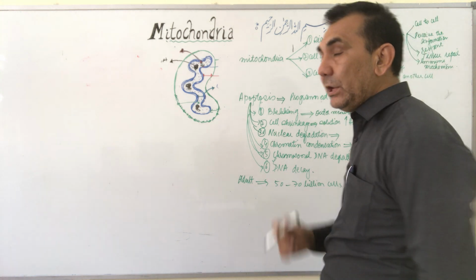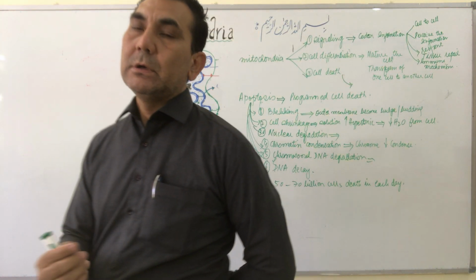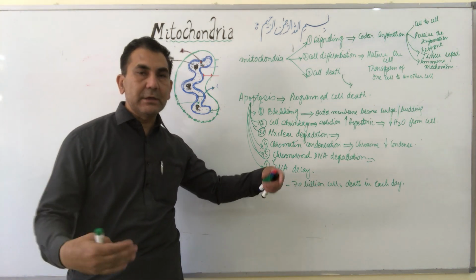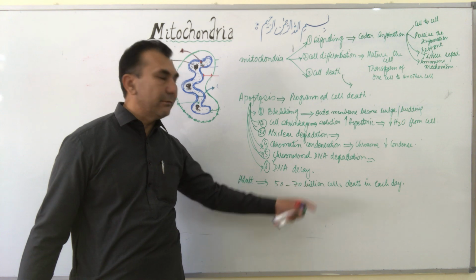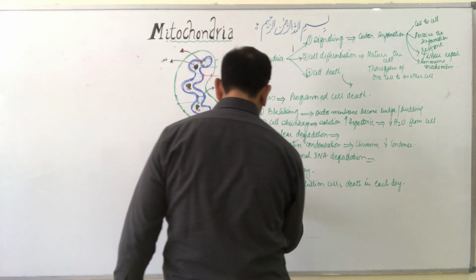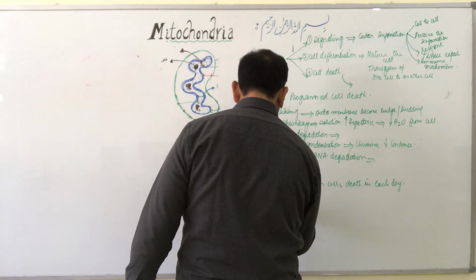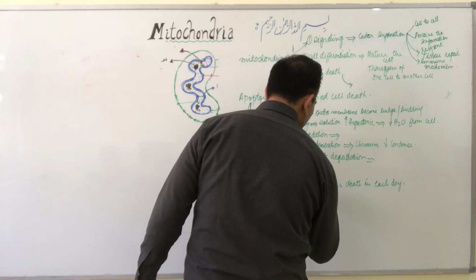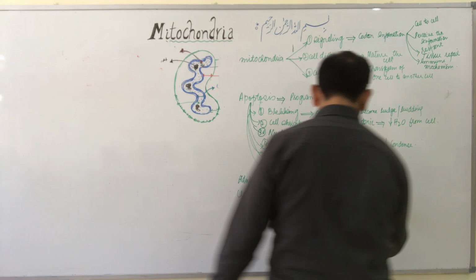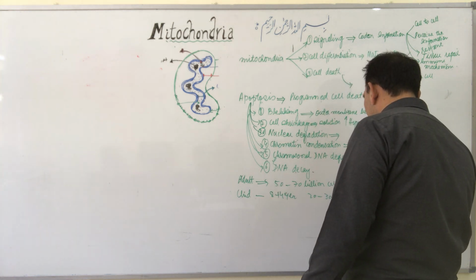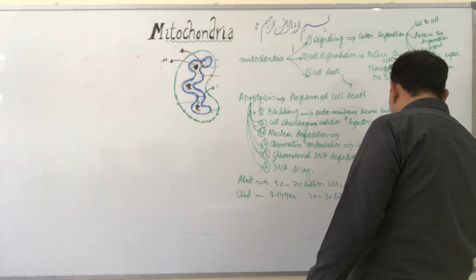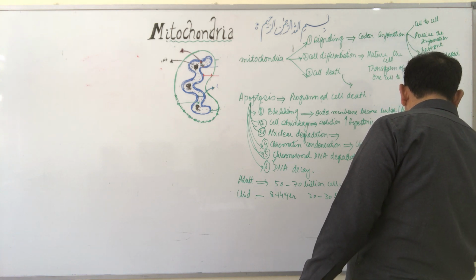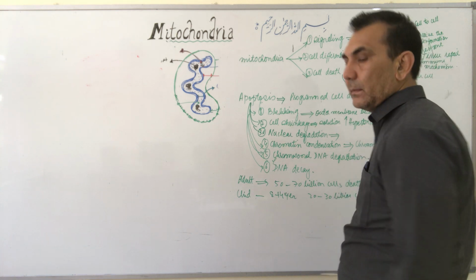In each day an adult man loses 50 to 70 billion cells, and in children from the age of 8 to 14 years, 20 to 30 billion cells die each day. Right?